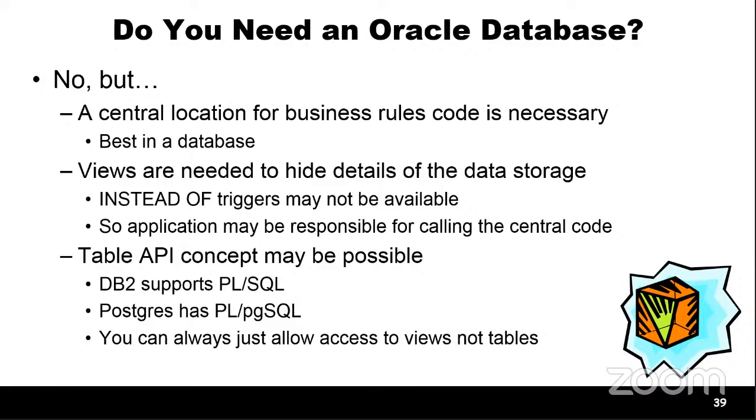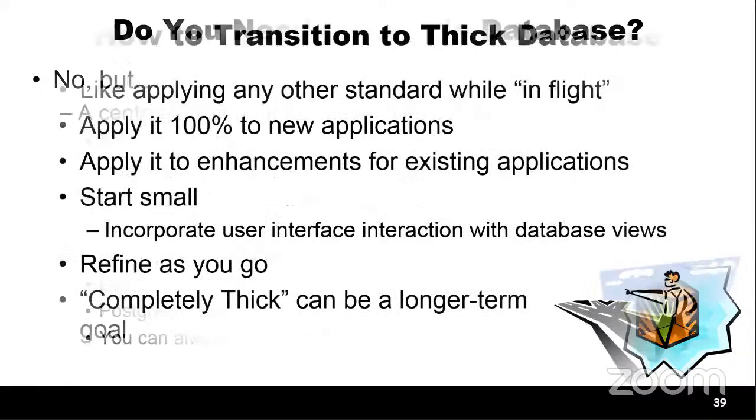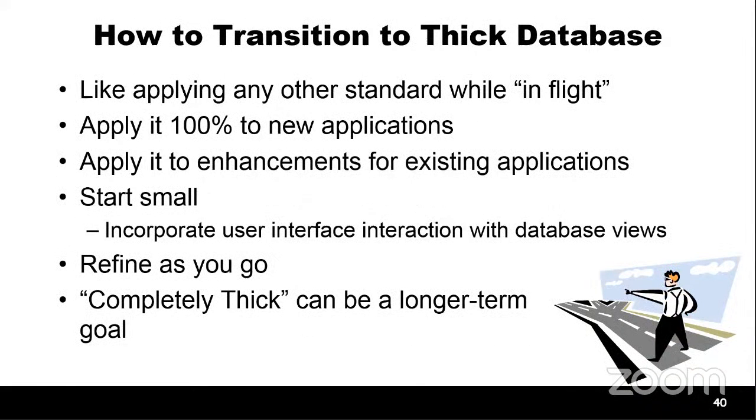The table API concept may be possible if you're using DB2, which supports PL/SQL, or Postgres, which has PL/pgSQL, which is very much like PL/SQL. You can always just have access to views and not tables, and that gives you some of the benefits.